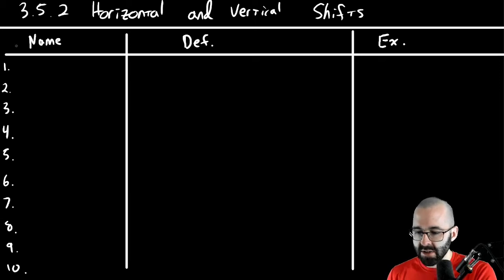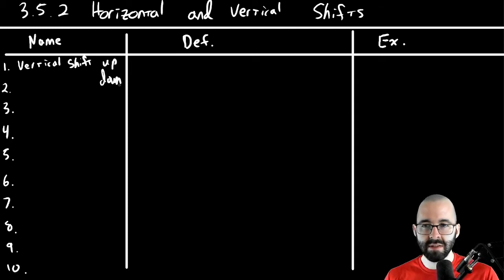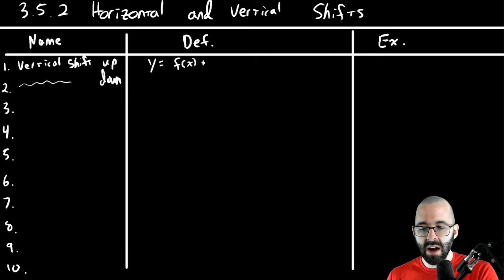All right. So first ones we discovered, vertical shift up. And the second one is vertical shift down. So if we have a function and we want to shift it up, then we take that same function and then add a value.